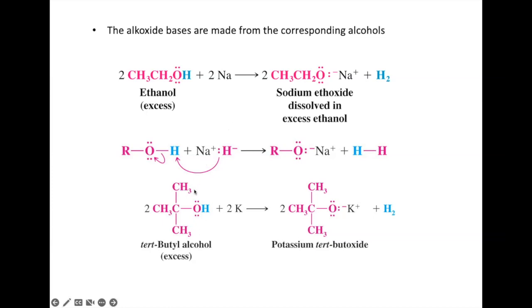For example, you have tertiary butyl alcohol. You can react this with sodium hydride, potassium, or sodium metal. You produce potassium or sodium tertiary butoxide plus hydrogen gas.